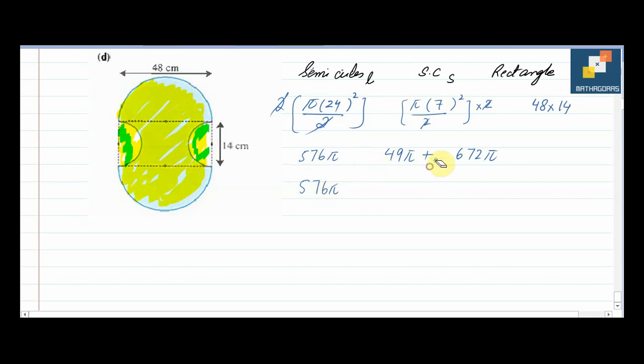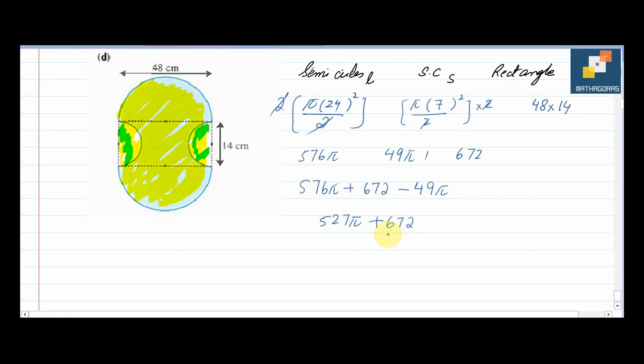plus the area of the rectangle, that is 672, right? 48 times 14, yes, 672. And then you need to subtract the area of these two small semicircles, that is 49 pi. Now you need to expand pi. So 576 minus 49, because both have pi, it's 527 pi plus 672.